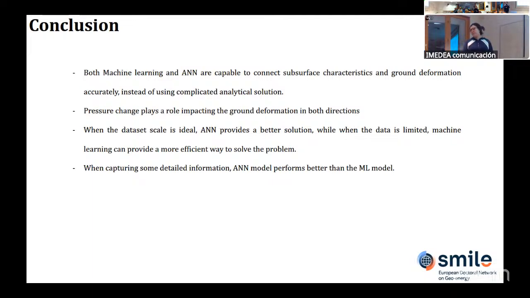And when the data size scale is ideal, the ANN provides a very good solution. But when the data is limited, maybe we can consider machine learning to provide an efficient way to solve our problem. And the last point is, when capturing detailed information, the ANN model always performs better than the machine learning model.